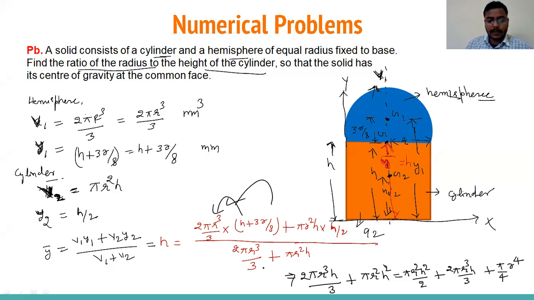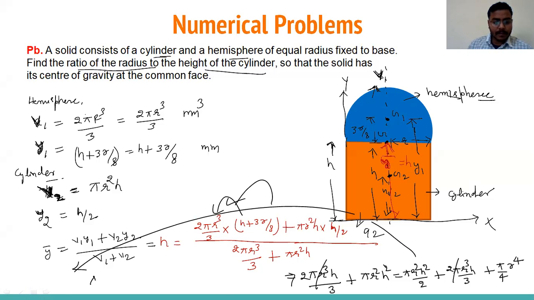Next step is here. That is pi r square h square by 2 on both sides, and this will cancel out. So finally it will come pi r square h square divided by 2 is equal to pi r to the power 4 divided by 4.